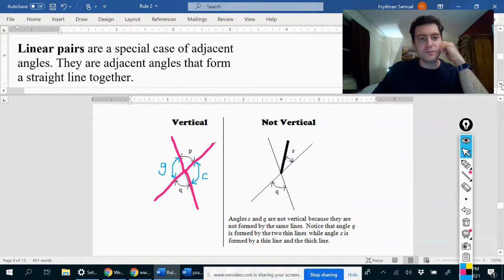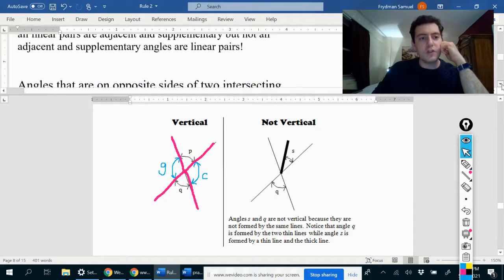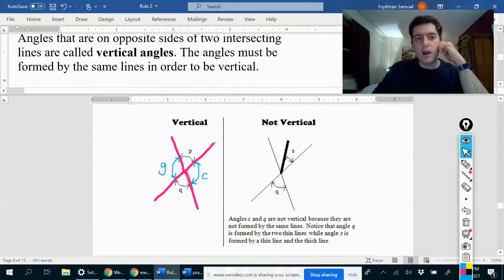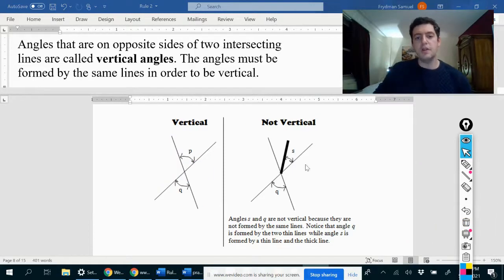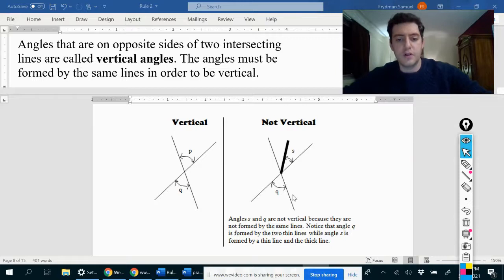All right, let's go back to vertical here. So angles that are on opposite sides of two intersecting lines are called vertical angles. The angles must be formed by the same lines in order to be vertical. Let's look at this example over here of angles which are not vertical. So angle Q and angle S are not vertical.